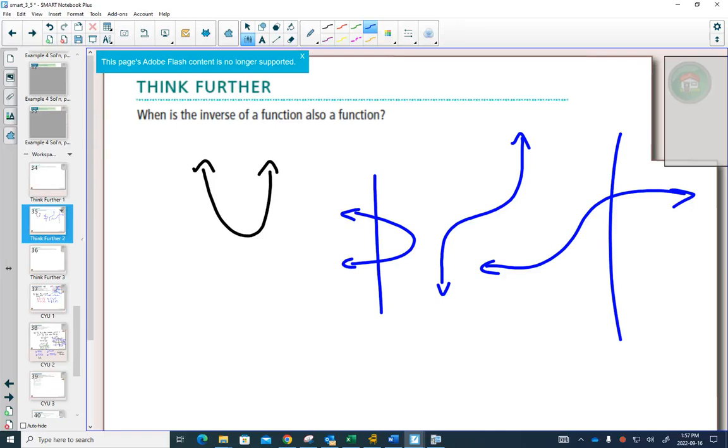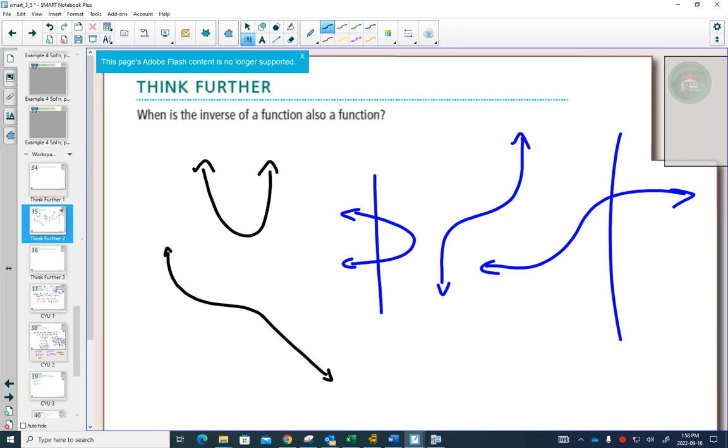So now, if I draw a random graph, how about this one? Will the inverse be a function? No. How about this one?